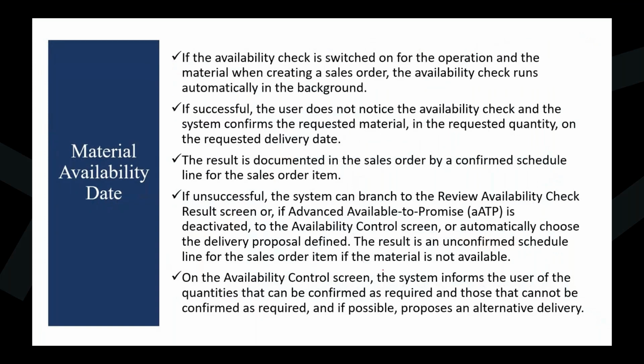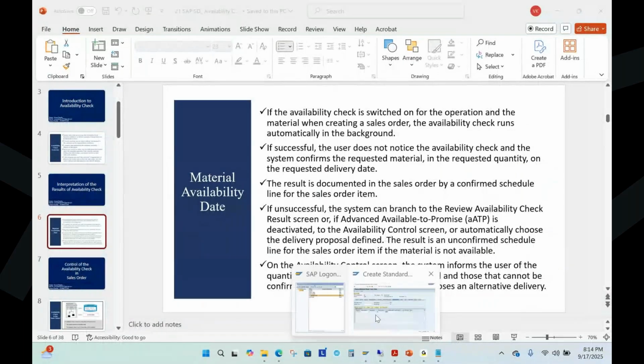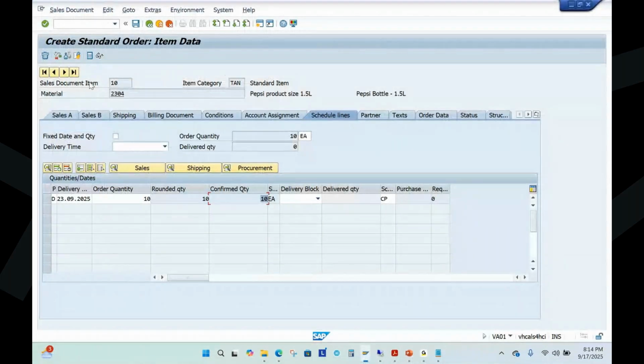The result is documented in the sales order by a confirmed schedule line for the sales order item. That is the one which I showed you. You can see that confirmed one in the schedule lines. I am in the schedule line tab. This is a schedule line. This is the confirmed delivery date. This is the confirmed quantity. Here you can see confirmed quantity.